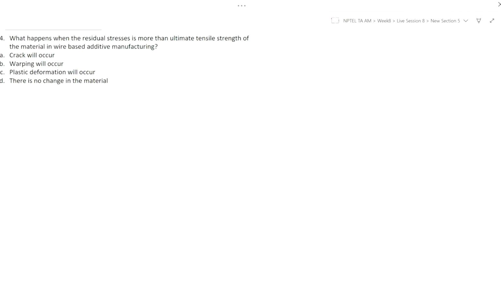Now the next question. What happens when the residual stress is more than ultimate tensile strength of the material in wire-based additive manufacturing process? Residual stress is the remaining stress in the part after the removal of all the external forces.